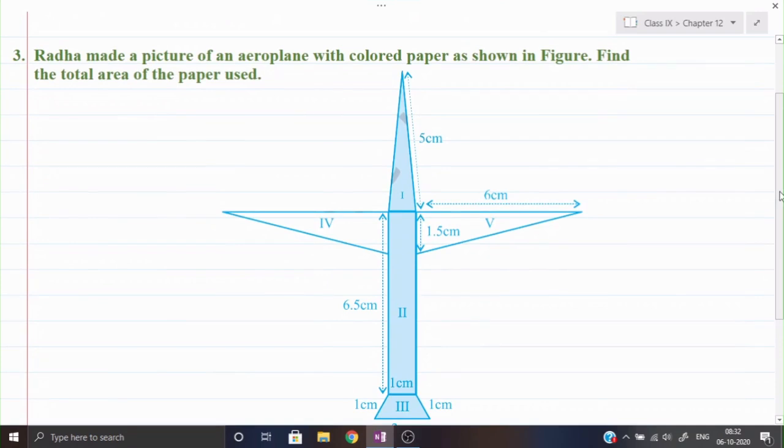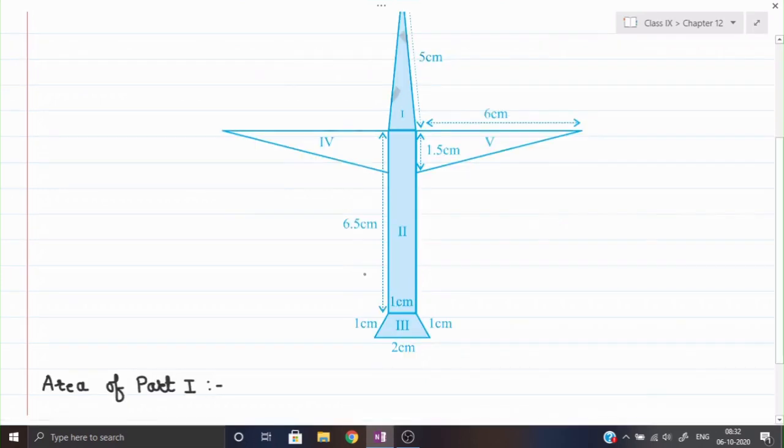In this triangle, you observe one side is given as 5 centimeter, while the base is not mentioned, but in front of the base, at the bottom, we have been given 1 centimeter. So we can say that the base of this figure is also 1 centimeter because both will be the same.